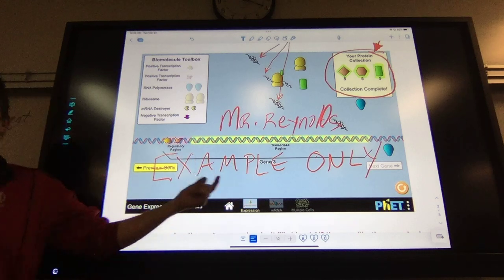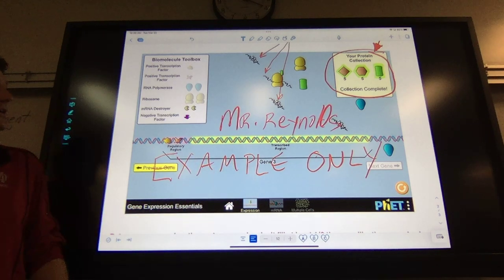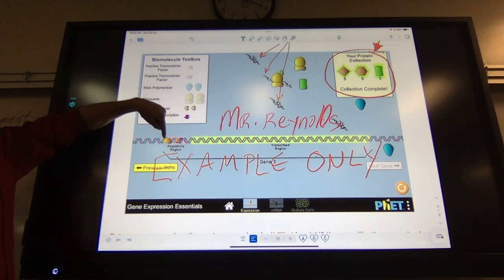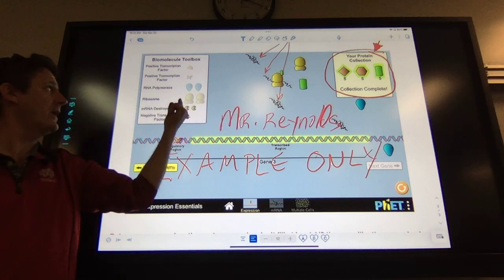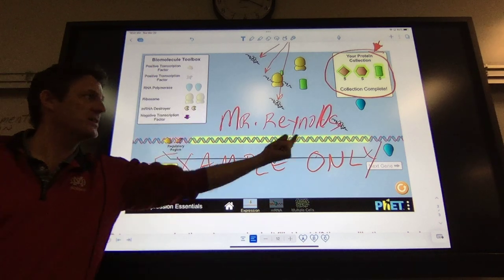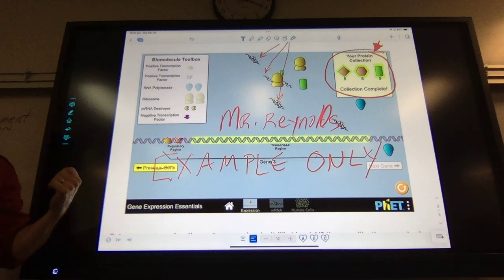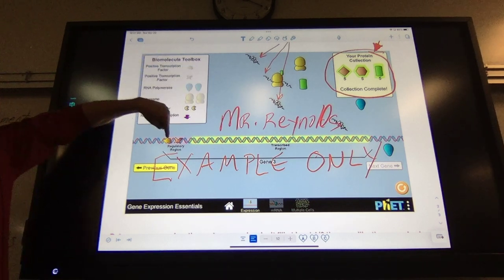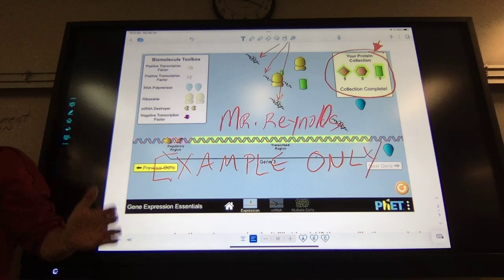It'll say gene 1, gene 2, gene 3. Here's your toolbox. Remember we talked about activation proteins? They have to be in place before RNA polymerase can come in and transcribe the gene. So you're going to drag these players onto the screen in the right spot, and you can't fail.